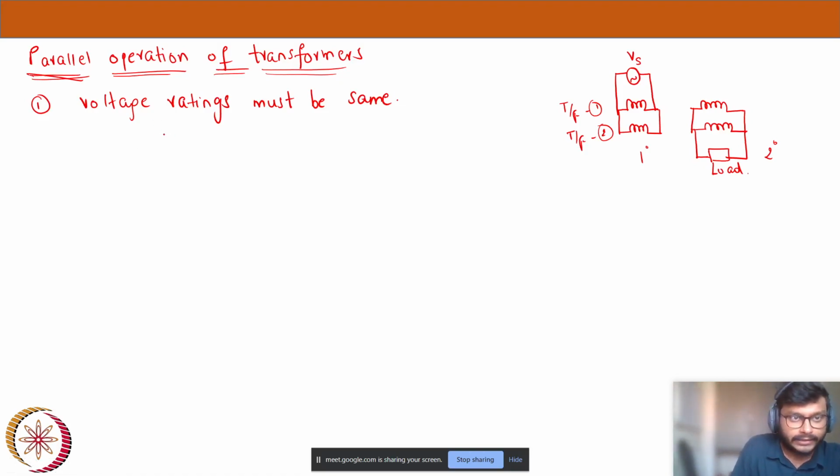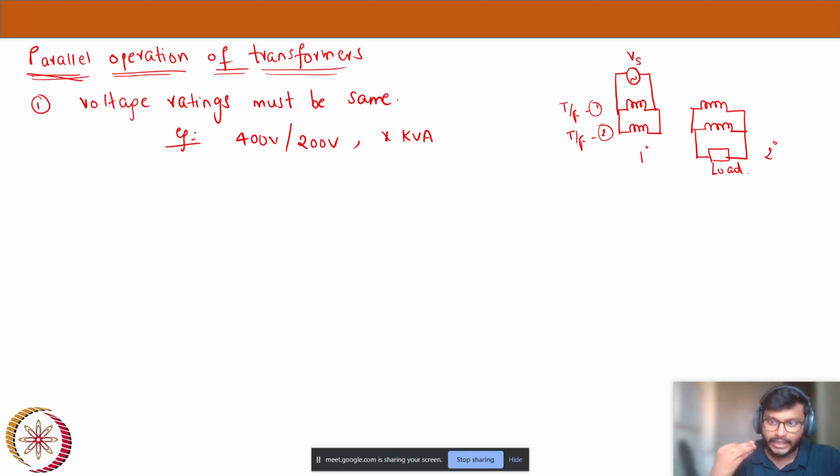For example, say you have taken 400 volts and 200 volts, x kVA. We don't really care about kVA right now, because kVA is synonymous with current. We are concentrating on voltage values here, and of course we are looking at a single phase transformer, and in India it's a 50 hertz supply.